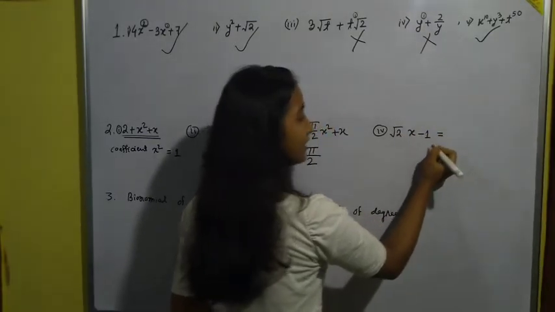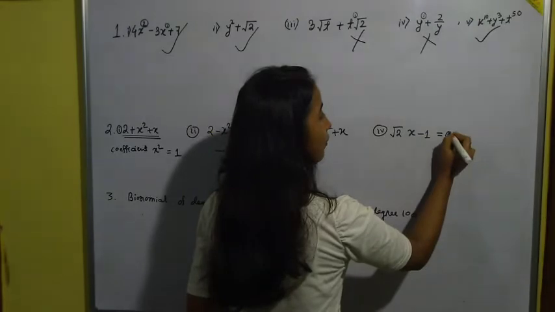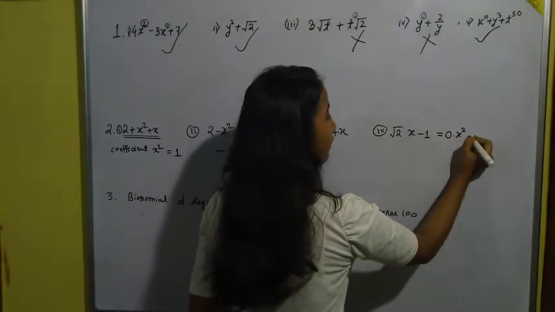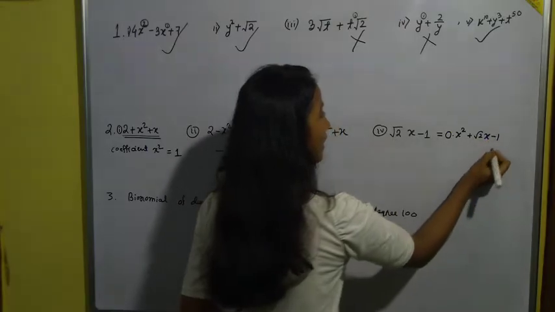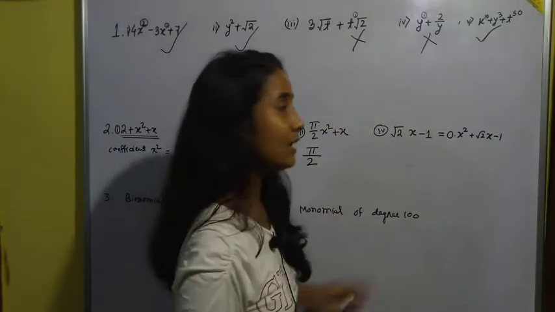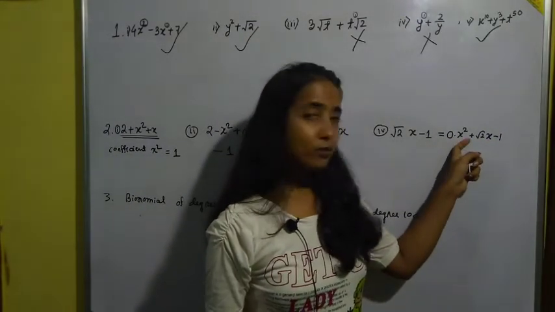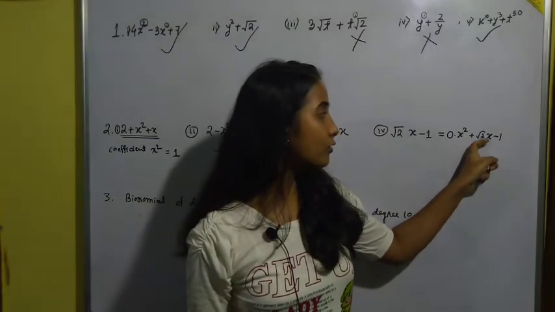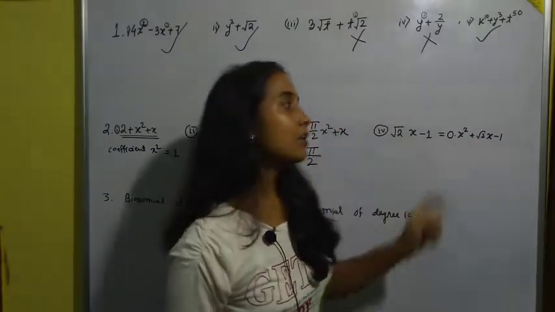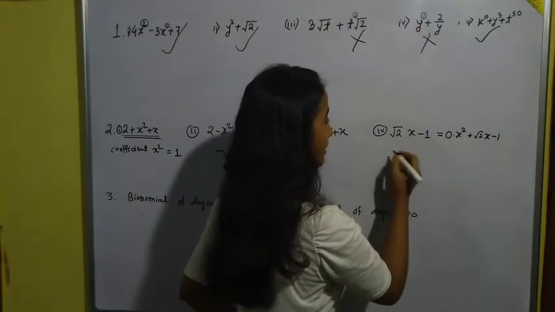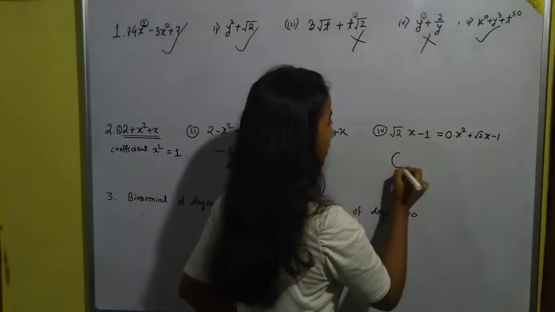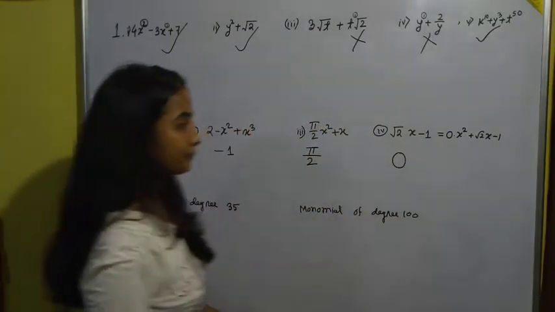We can write it as 0 into x square plus root over 2 into x minus 1. That means the coefficient of x square is what? The coefficient of x square is 0.